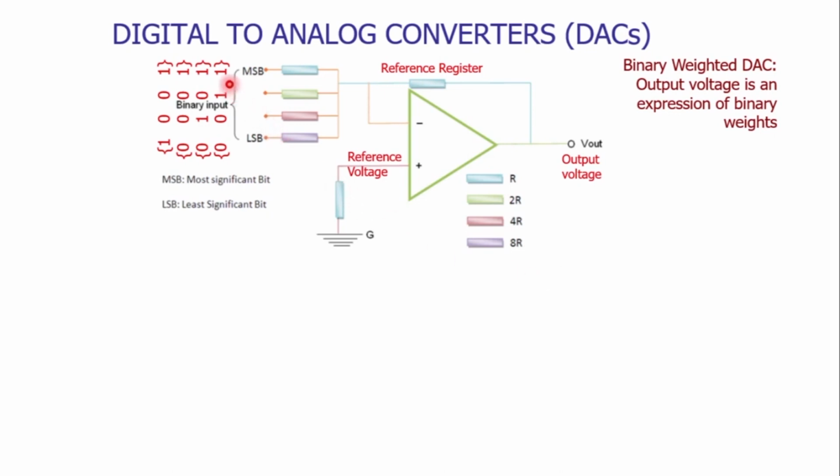So if the value of the MSB is 1, that means the voltage V1 will be the reference voltage. If the value of the second bit is 1, then the voltage V2 would be the reference voltage. And that reference voltage will be amplified based upon the correlation of the reference resistor and the input resistor.